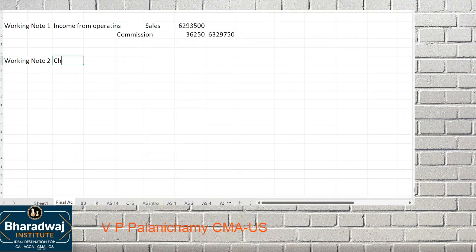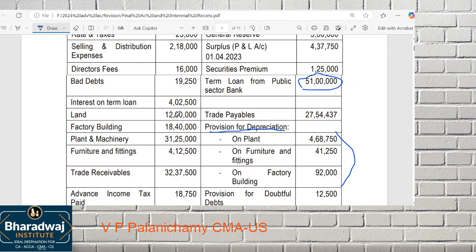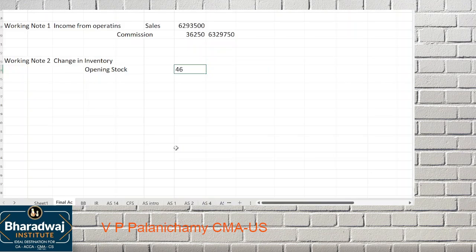Working note 2. Change in inventory. What is the opening stock given in the trial balance? 462,500. Then closing stock given in the adjustment.